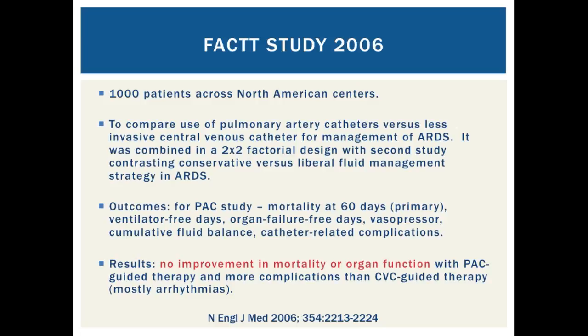So that's just one little caveat. There were more arrhythmias in the PA catheter group, although they were probably scrutinized a little bit more as well. But this has led people to at least say, okay, surely we shouldn't use PA catheters in everybody, because it's clearly demonstrated that there's no improved mortality when you compare using PA catheters versus not using PA catheters.